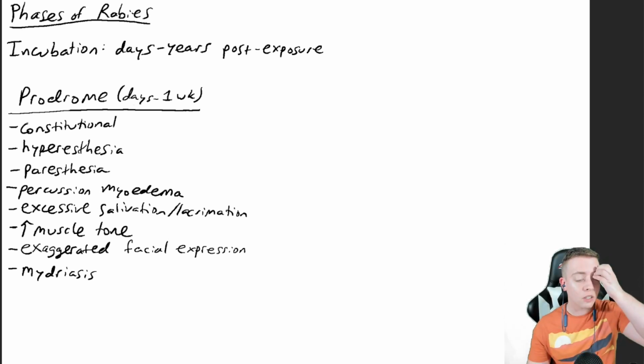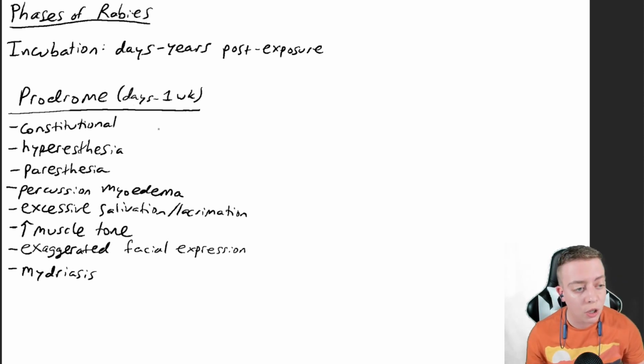You have these constitutional symptoms, which are fever, you can have sore throat, you can have some inflamed lymph nodes, just kind of general muscle aches. It's kind of these general symptoms that you'd associate with the flu or a cold, where you can't really place them to a specific disease, but you know that you have an infection.